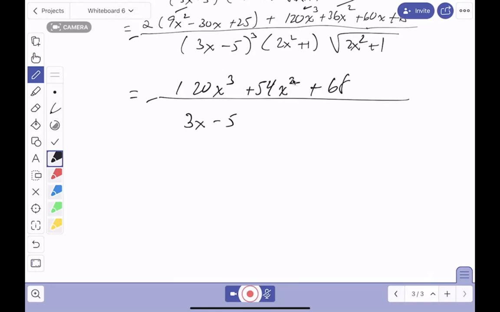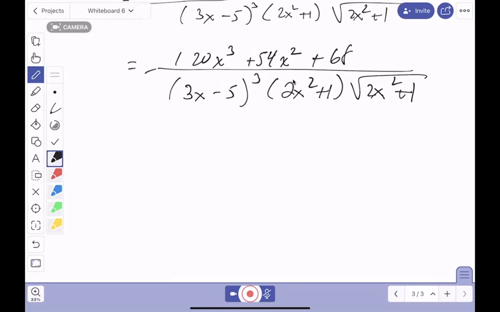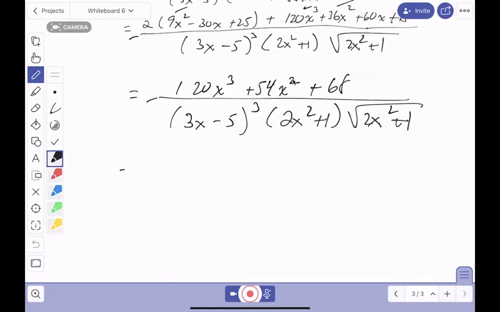(3x minus 5) cubed, (2x squared plus 1), square root of 2x squared plus 1. Oh, I guess I got to do something else now, right? Boy, I hope I didn't make a mistake. There's a point to it.